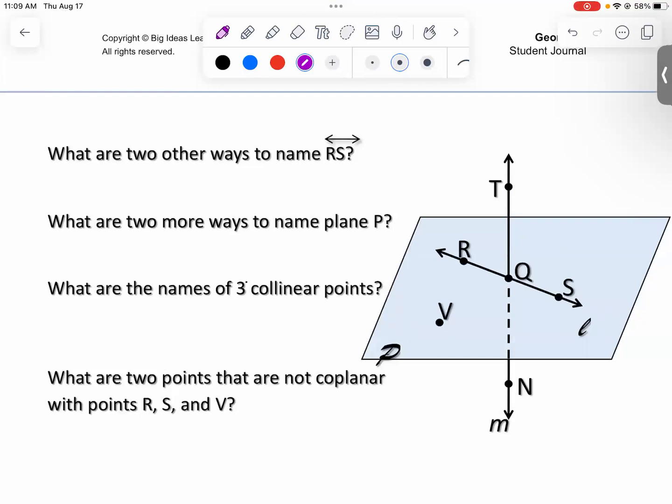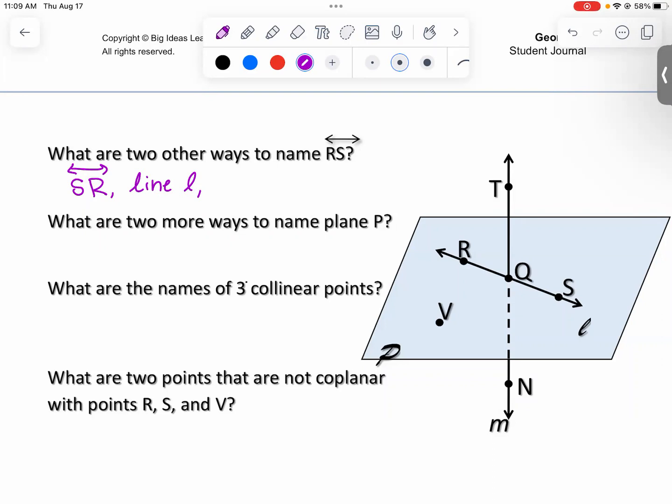RS is a line. So here is our line. Benjamin, what's one way we could name it? We could name it SR with a line above it. What's another way? Harvey. Line L. Another way. I know I only said 2. Let's go for another. Benjamin? Line RS.